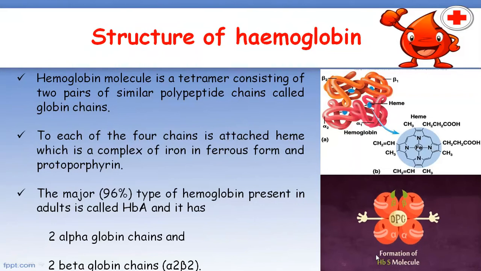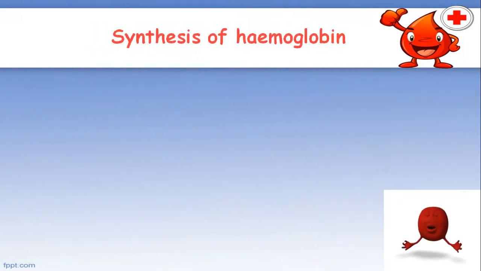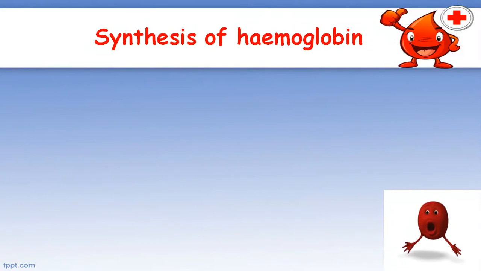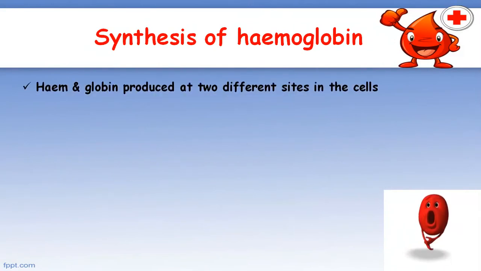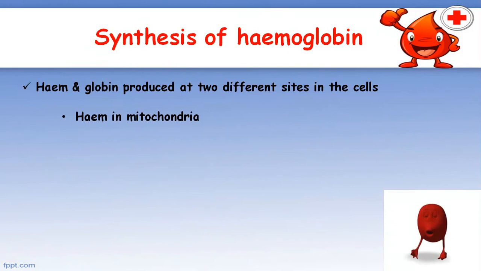The formation of the hemoglobin molecule. Synthesis of hemoglobin. Now heme and globin are produced at two different sites in the cells. First, the heme in mitochondria and globin in the ribosomes.